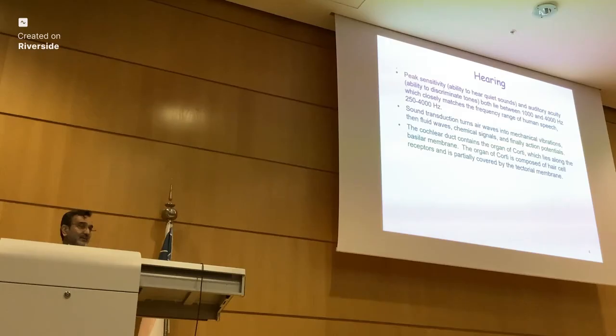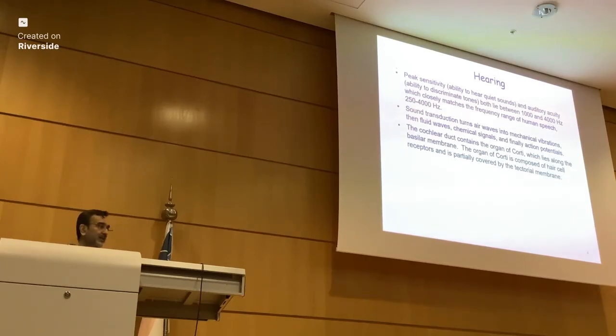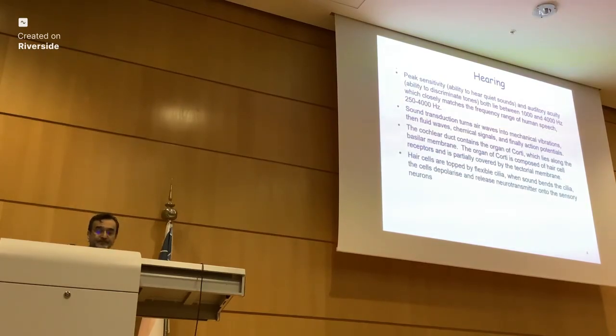The cochlear duct, which is also called scala media, has a sensory organ called the organ of Corti. This organ of Corti is responsible primarily for detecting sound waves and converting them into electrical signals which can be perceived by the brain.